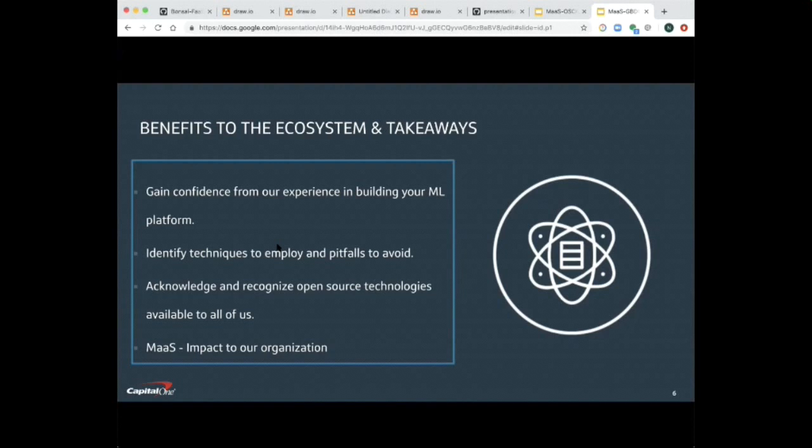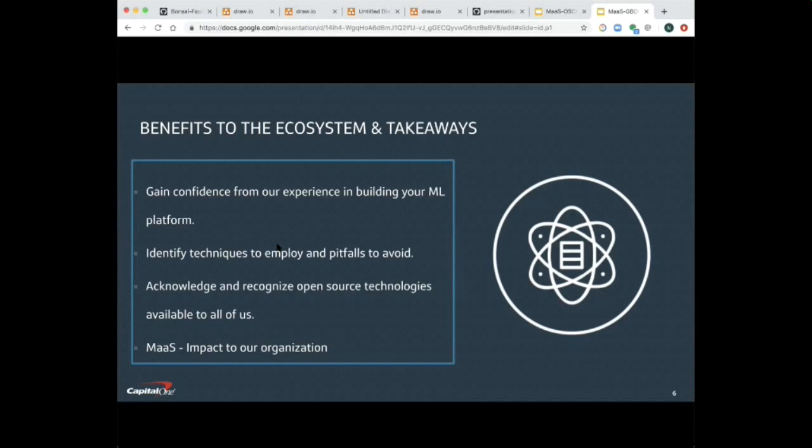When they see and hear about how we have done this on open source technologies, how it is helping us, and where we are in the journey, they gain confidence in trying out something on their own with similar approaches. Identify techniques and employ them to build their solutions, and learn what pitfalls to avoid, which you are either experiencing or will experience as you move along. And also acknowledge and recognize the open source technologies that are available to all of us right now.